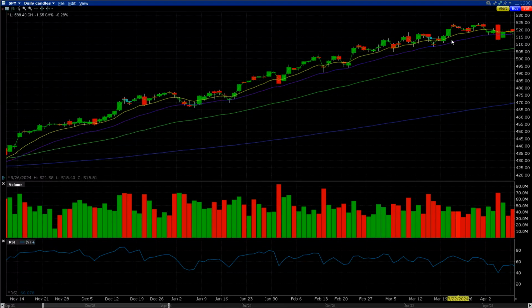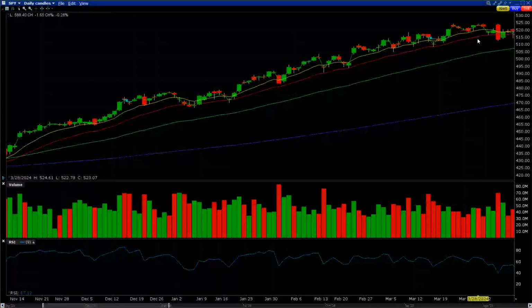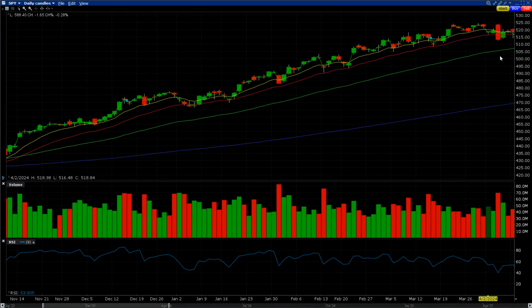Okay. And do I need to be paying attention to the 20? Not the yellow here is a 9 EMA. The 20 is the red one. This is the 50 EMA, and this is the 200 EMA. Do I need to be paying attention to those in terms of reclaiming up through? Well, absolutely.